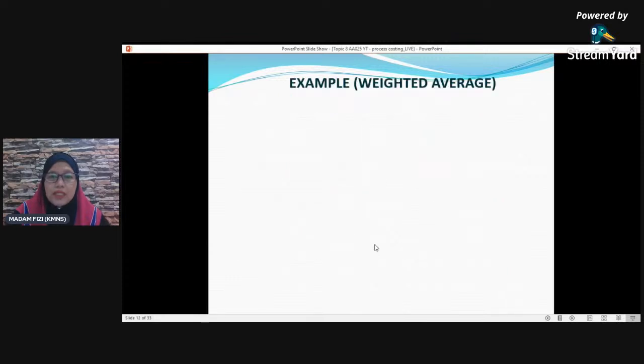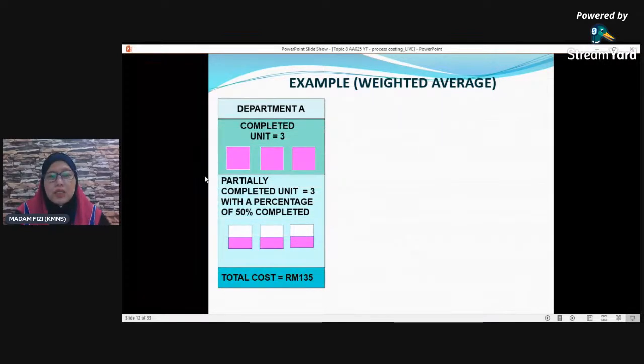Okay, now kita nak tengok macam mana nak kira kos pula. For example, in Department A, we have 3 completed unit and we have 3 partially completed unit. Each partially completed unit equals to 50% completed. Maksudnya dalam Department A, kita ada 3 unit yang dah siap, 3 unit lagi separa siap, dan yang separa siap tu equals to 50%.